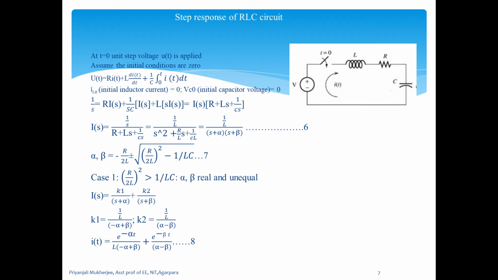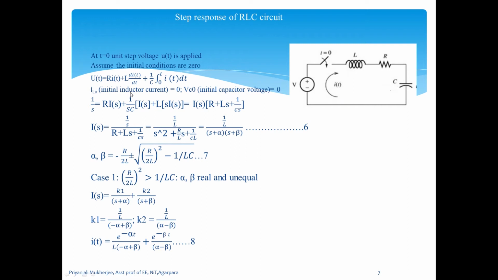Now this is the step response of a series RLC circuit. Here the switch is closed at t equal to 0 seconds, and then the voltage supply is connected to the R, L and C, and we assume that all initial conditions are 0.